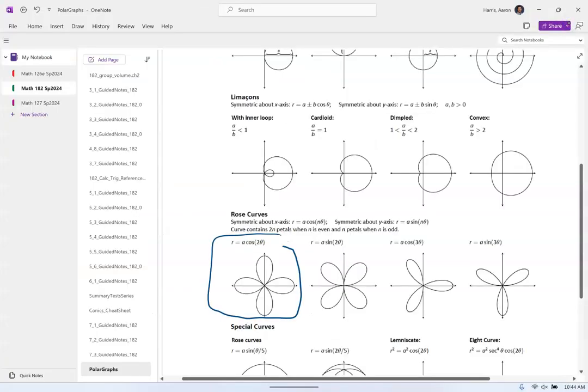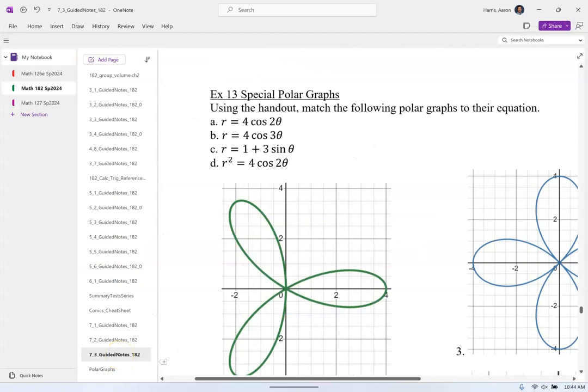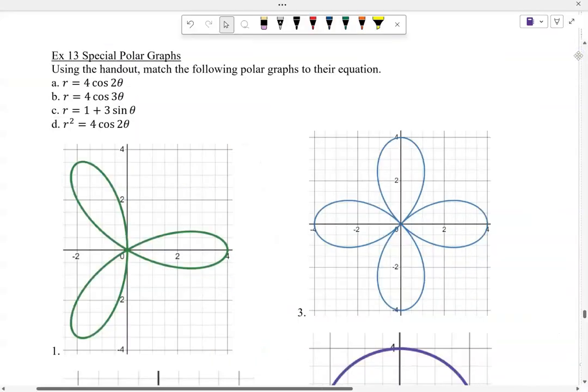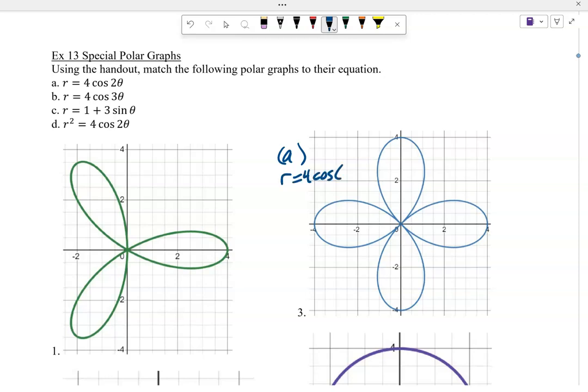If I go back, that would be this one right here. This is the A. This is my rose curve, symmetric about the x-axis, right? Symmetric meaning it's got this point here, then it's going to have that point on the other side of the x-axis too, right?